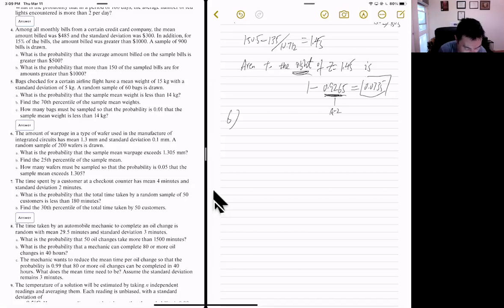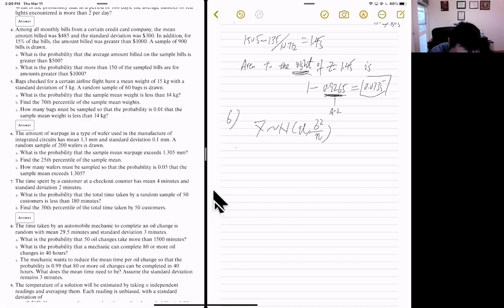A, what is the probability that the sample mean exceeds 1.305 millimeter? Again, when the sample size is large enough, the sample mean will follow a normal distribution, no matter what type of distribution the single item follows.